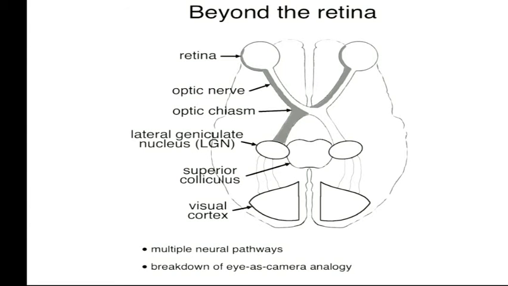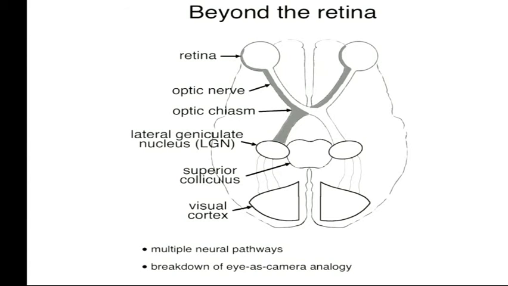So what you have happening is an organization change. We always like to think of the eye as a camera: the retina has this retinal surface, the image is coming in, and it's being coded by the retina.